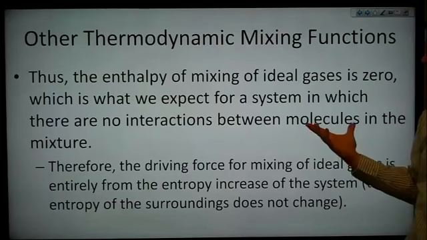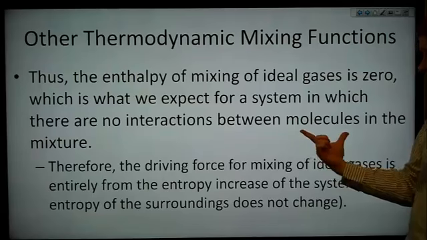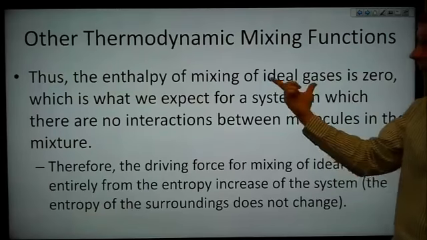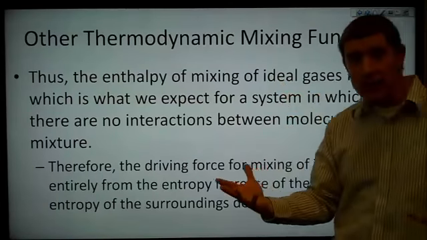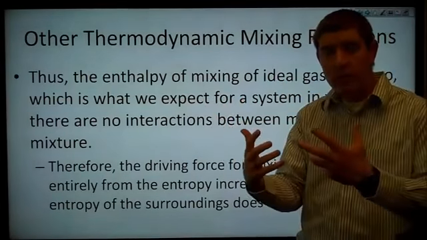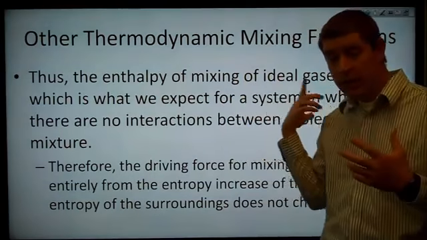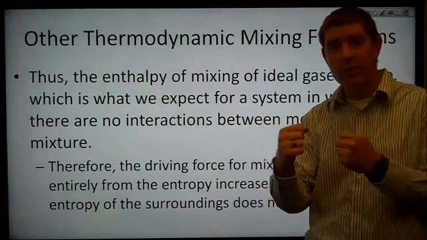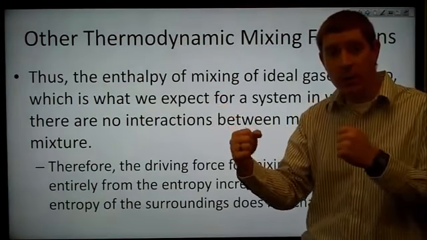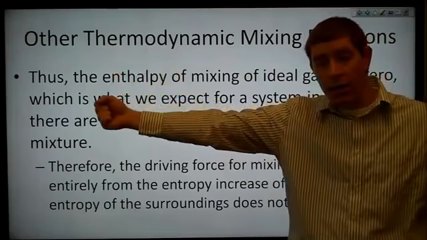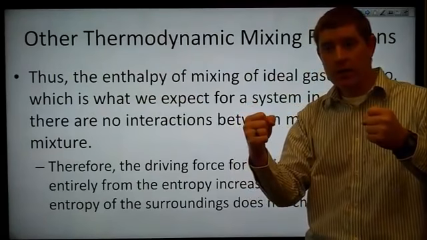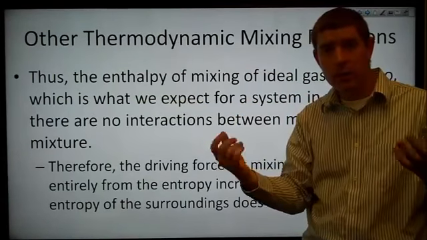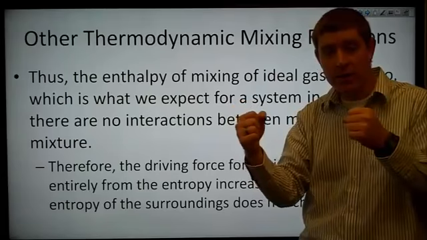This is what we expected for a system in which there are no interactions between molecules in the mixture. They're ideal gases. With ideal gases, we're assuming that because it's ideal, there are no interactions between the molecules. If there are no interactions between the molecules, then when we bring other molecules close by, there's no energy change because there are no interactions there.